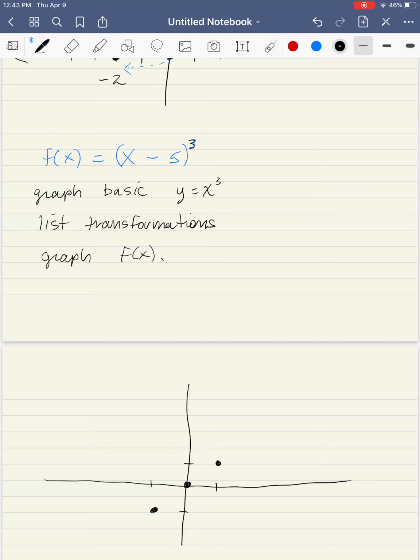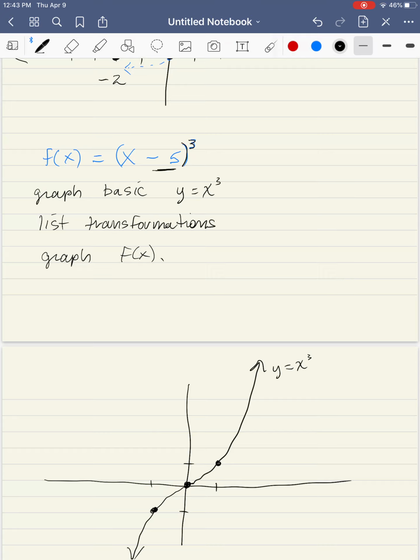Negative 1 cubed is negative 1. And I know my basic graph is the one that goes upwards, just like the parabola. X squared goes upwards, x cubed goes upwards, but because a negative cubed is negative, this side goes down. So this is my basic graph, y equals x cubed.